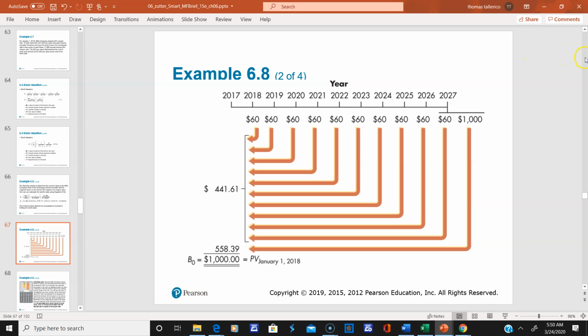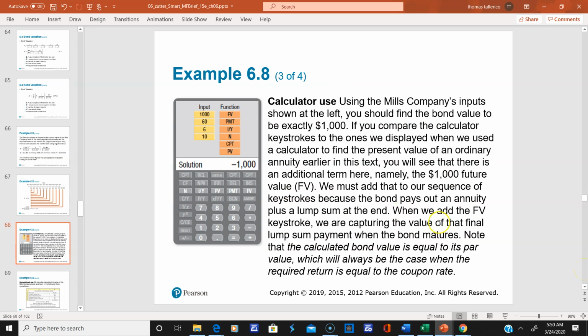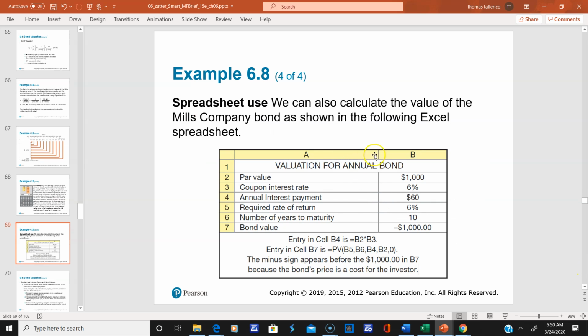Now, they're basically using the present value equation. All right, and you could use Microsoft Excel to do that. And here they show using a calculator. And I believe, yeah, here's the Excel spreadsheet that you can use. And you can see that the coupon interest rate and the required return is 6%.